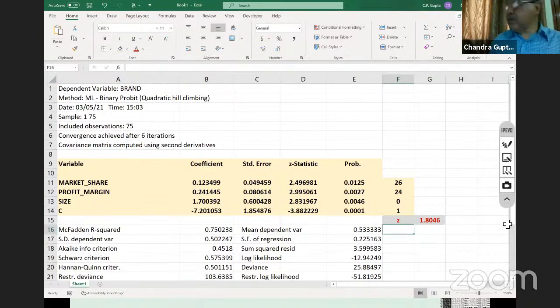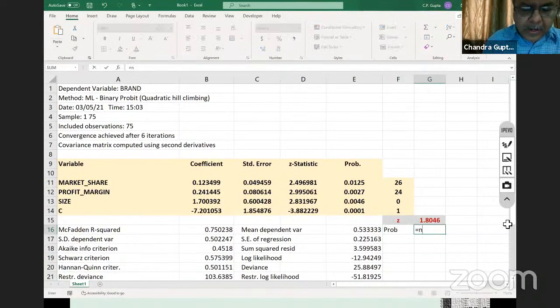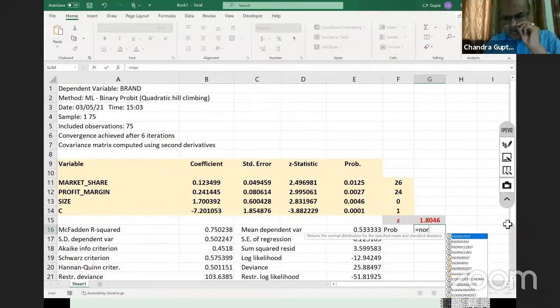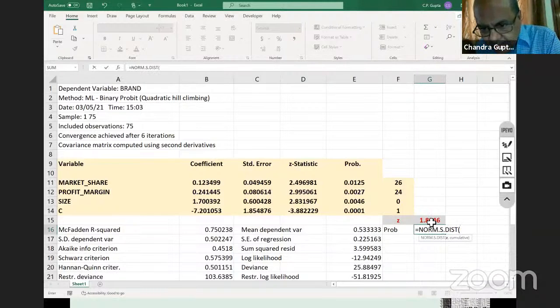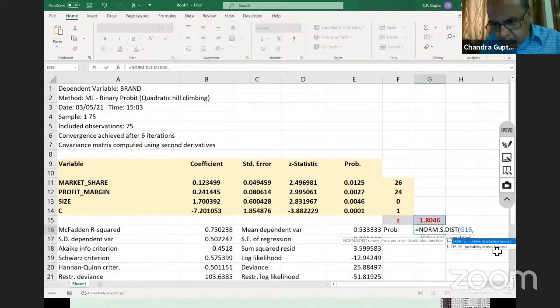And then we can calculate the probability. For probability, you have to use the norm distribution, NORM.S.DIST, that's Z, cumulative, true.